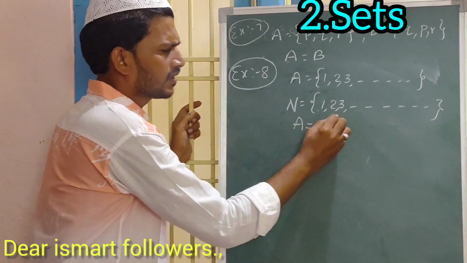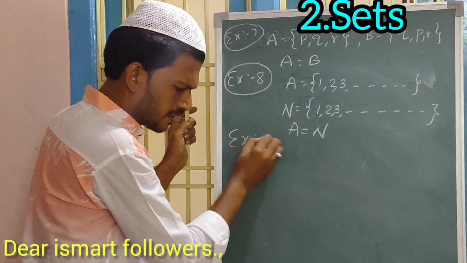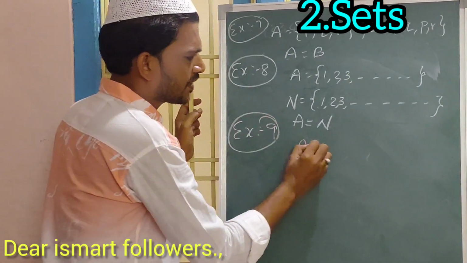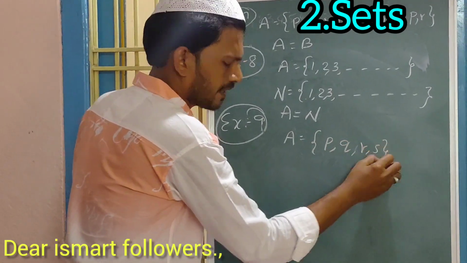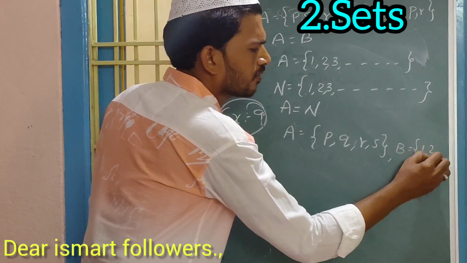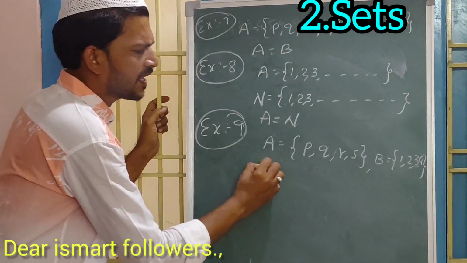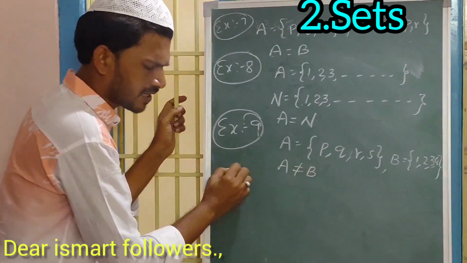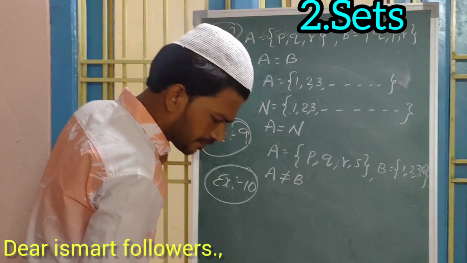A equal to N. Next, example 9. In the A set, what are the elements? P, Q, R, S. Next, in the B set, what are the elements? 1, 2, 3, 4. Do the two sets have the same elements? No. That's why A is not equal to B. Next, example 10.